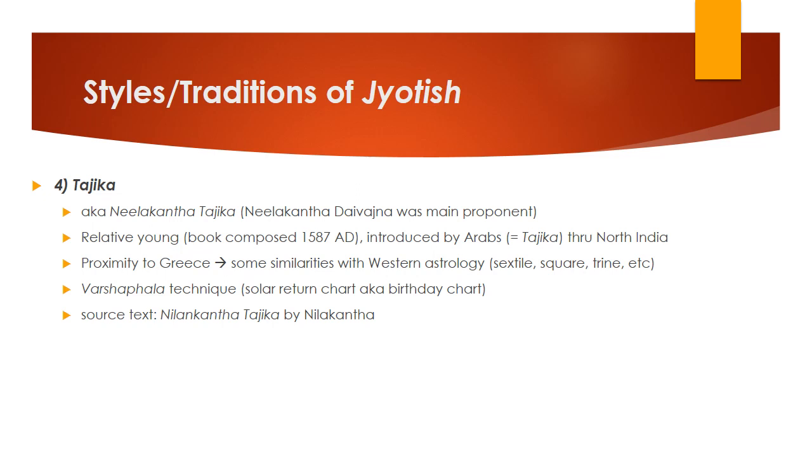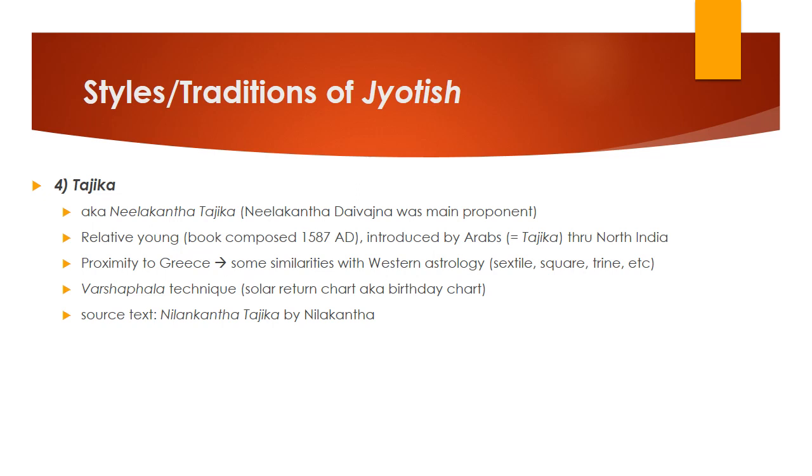There are some people who practice this style of Jyotish, but its main contribution to all of Jyotish is what's called the Varshaphala technique. What that means is they analyze a solar return.